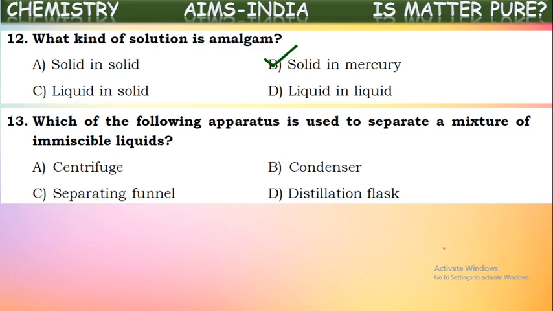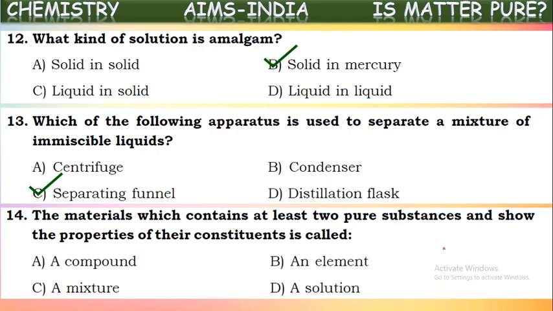These liquid mixtures can be separated by using a funnel called a separating funnel. Okay, by using a separating funnel, two immiscible liquids can be separated. Next one, the material which contains at least two pure substances and shows the properties of its constituents is called.